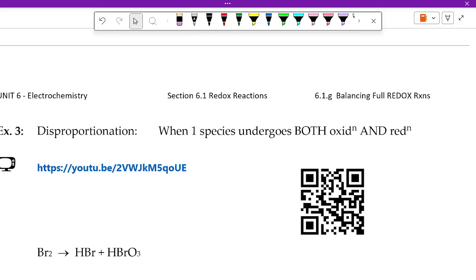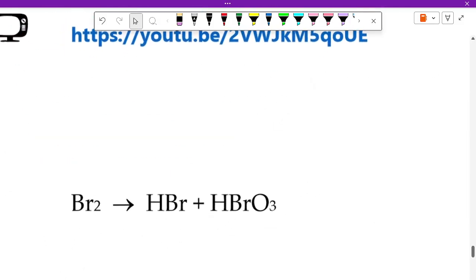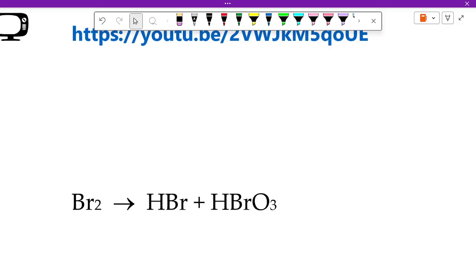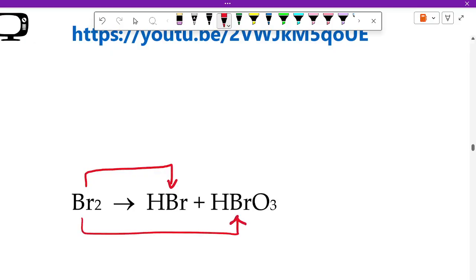So in this particular case, if we look at this, we say, huh? How am I going to isolate my half reactions? I've only got one reactant. But you can treat it like this. I just say, okay, I've got some Brs going here and other Brs going here.